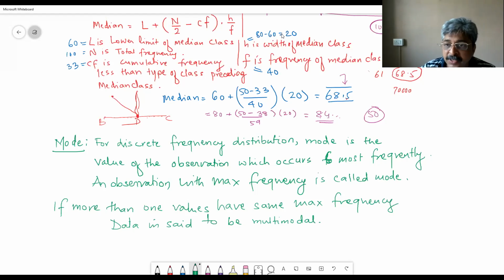But for us, it is not multimodal in our syllabus, only single mode.